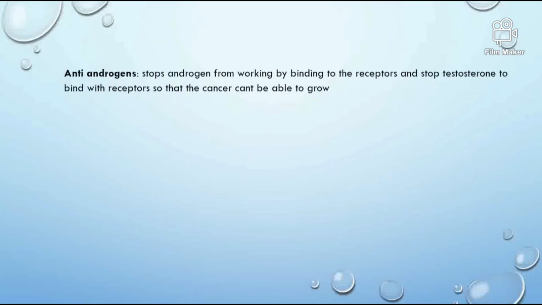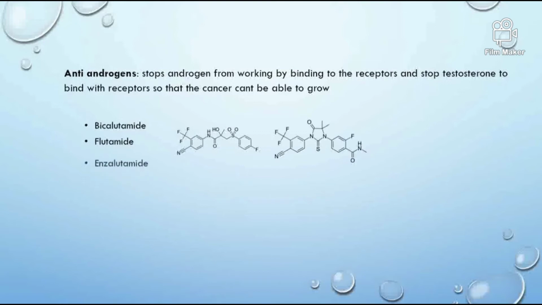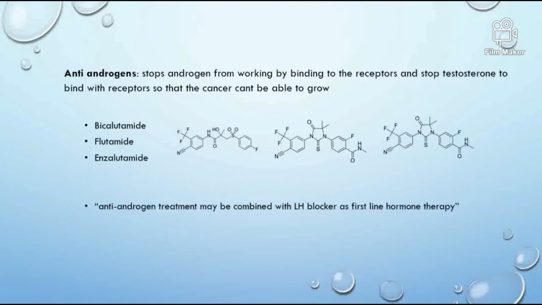Anti-androgens stop androgen from working by binding the receptors, stopping testosterone from binding with the receptors, so that the cancer can't grow. Bicalutamide, flutamide, and enzalutamide are anti-androgen treatments that may be combined with an LH blocker as first-line hormone therapy.